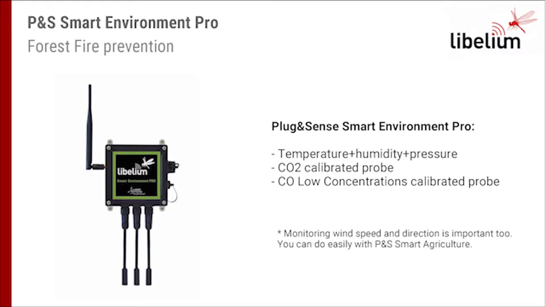So what you need is a network of Plug & Sense Smart Environment Pro with temperature, humidity, and pressure sensor, CO2 calibrated probe, and CO low concentration calibrated probe. Of course, monitoring the wind speed, the fallen rain, and the direction of the wind is important too, but you can do this easily with Plug & Sense Smart Agriculture in a weather station.